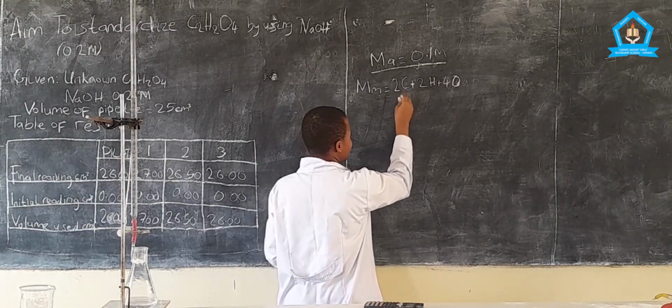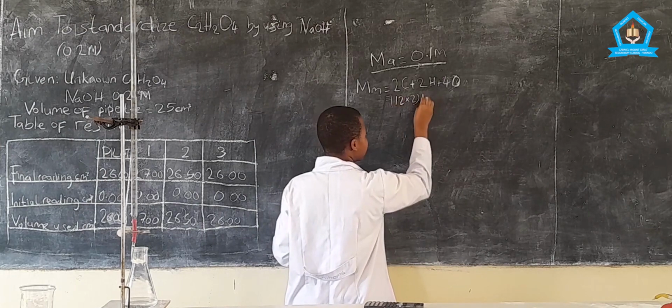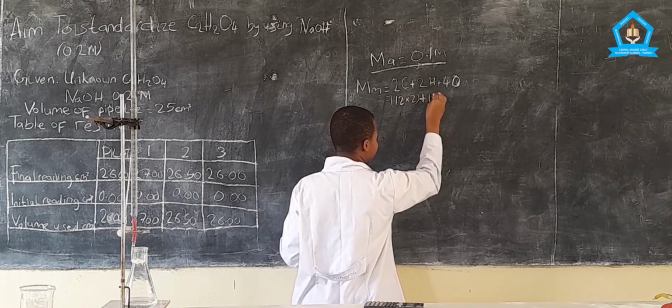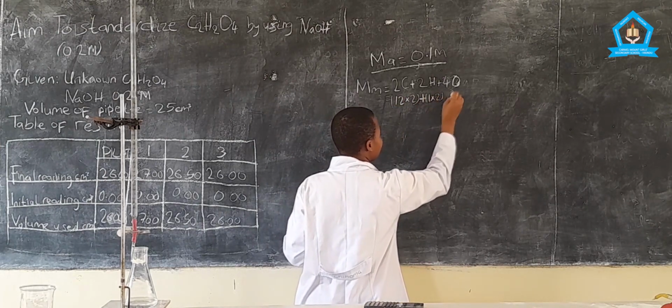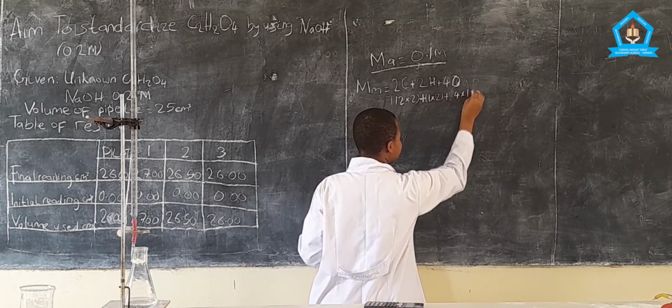Carbon is 12, so 12 times 2, plus hydrogen, which is 1 times 2, plus 4 times 16.